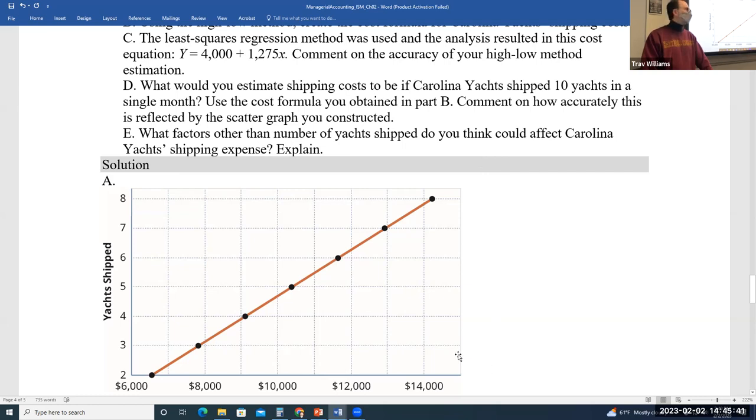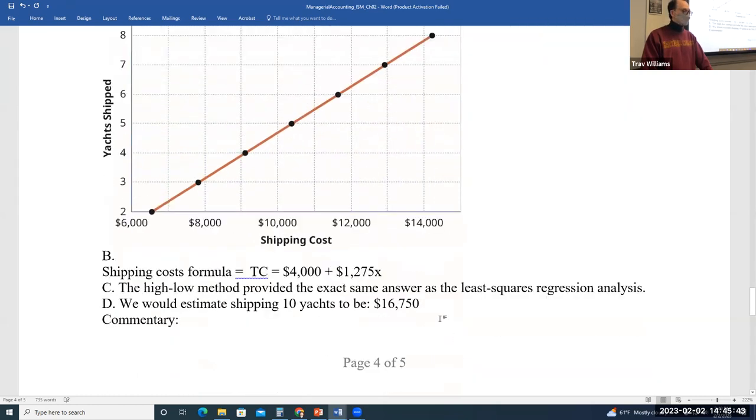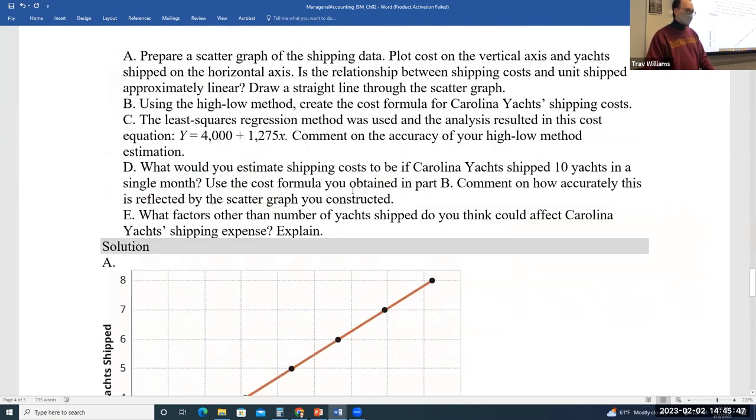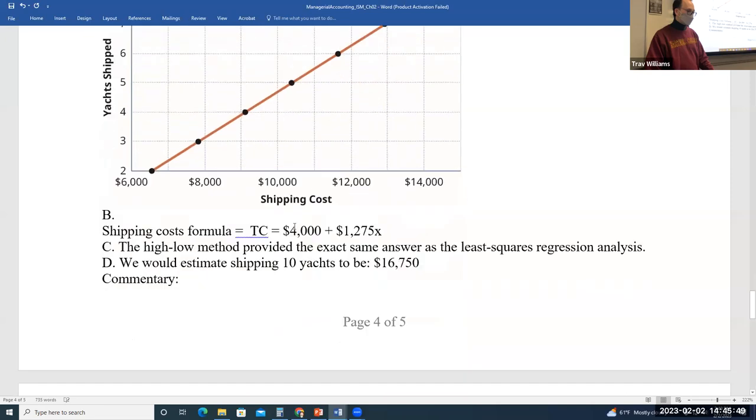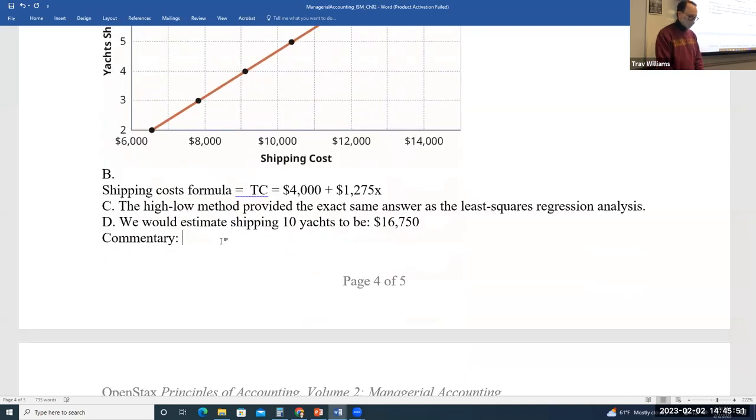Just eyeballing it, that appears to be very accurate. So we can say our estimate is consistent with the scatter graph. Sound good?